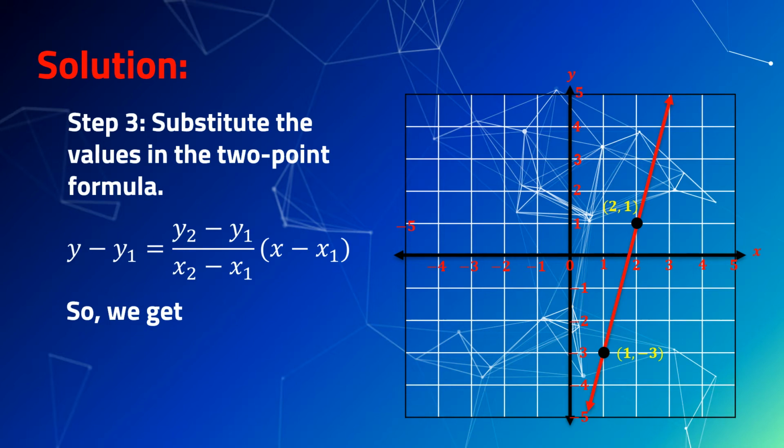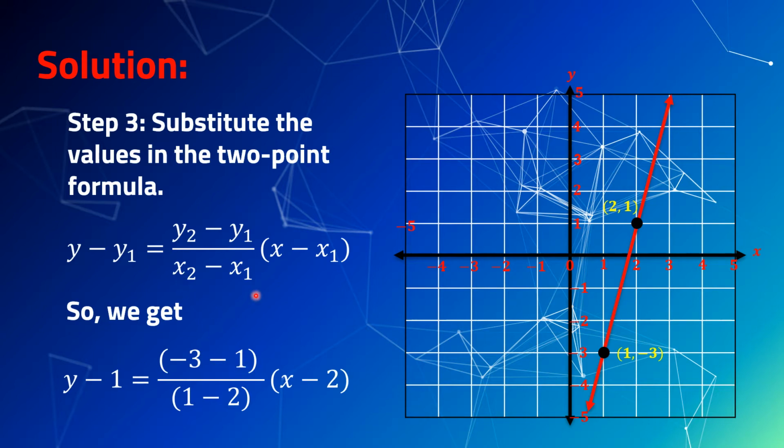Our next step is to substitute. Our y sub 1 is 1, so we replace y sub 1 here with 1. Our y sub 2 is -3, so we replace y sub 2 with -3.